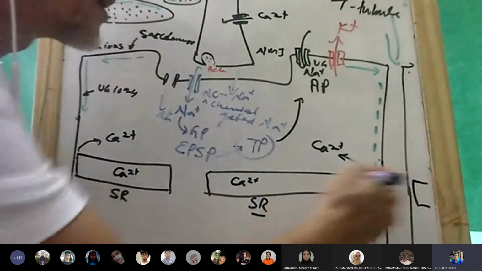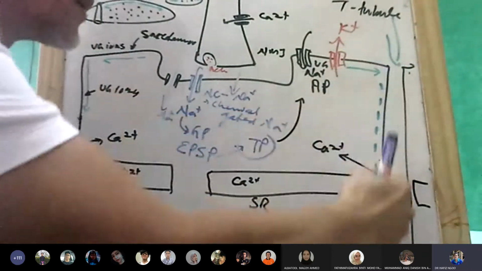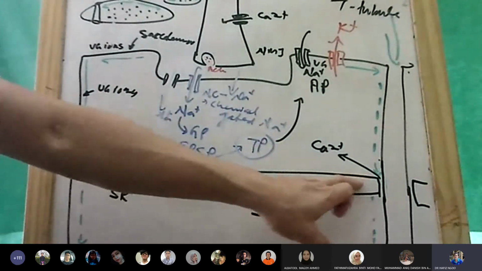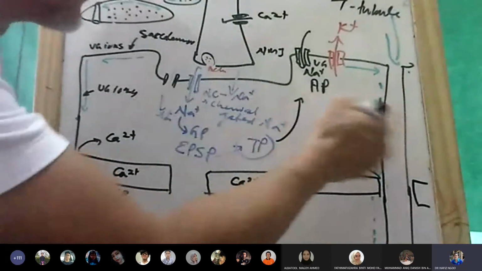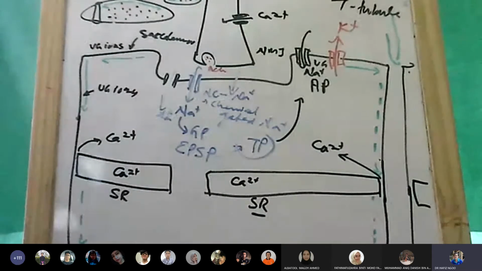They form a triad. The T tubule is coming down and connected to the triad. All throughout the length here there's a lot of sarcoplasmic reticulum, which I leave out so as not to complicate the picture. You can see how they are aligned to each other. So what is the significance of that?